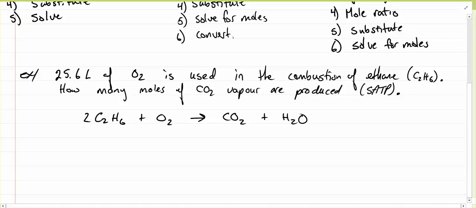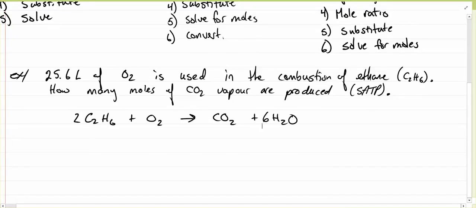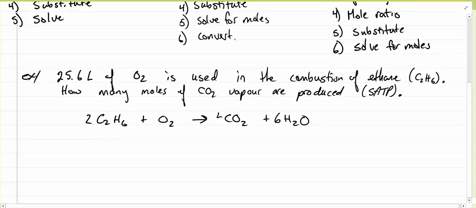So we're going to put a 2 here and a 6 there. Put a 4 there. So this will give us 4 carbons, 12 hydrogens, 12 hydrogens, 6 oxygens here, plus another 8 is 14. So we're going to put a 7. Our given, so there's step 1.